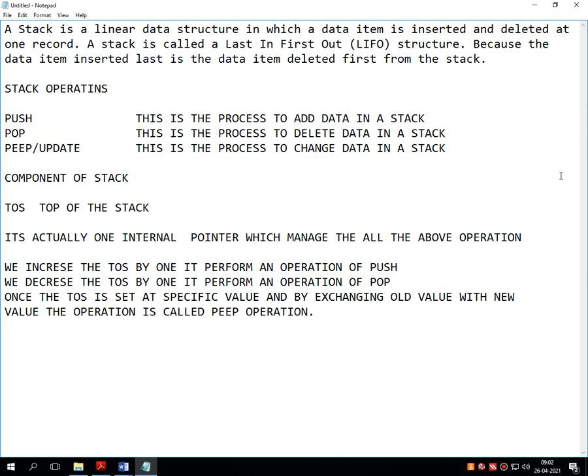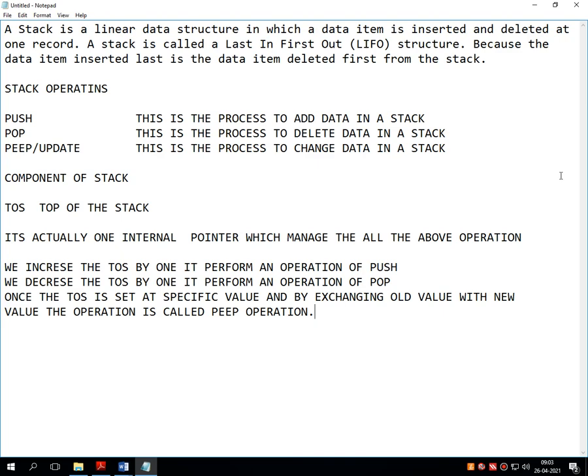What is stack? Stack is called as one of the linear data structures. Number 1. Stack uses internal memory for storing the record. Number 2. Stack works on last in first out structure. That means whatever data comes at last is going to be executed first. Stack contains various operations.